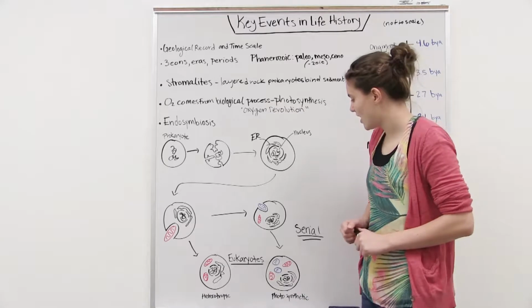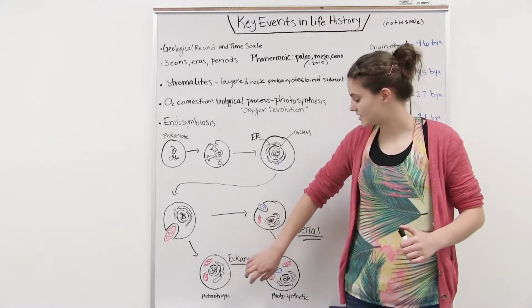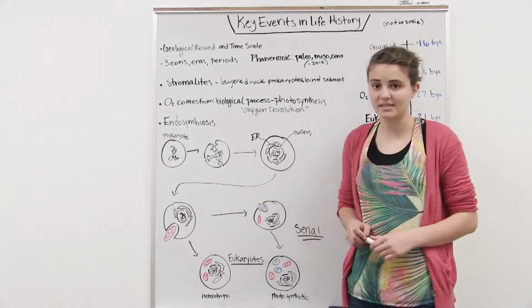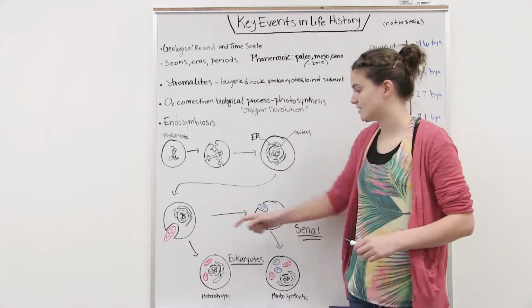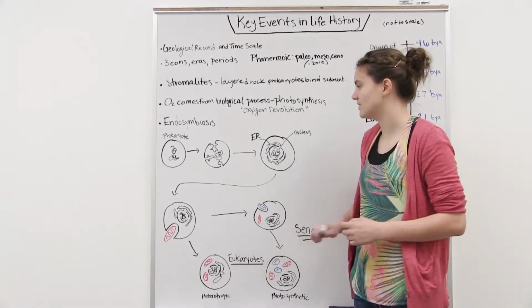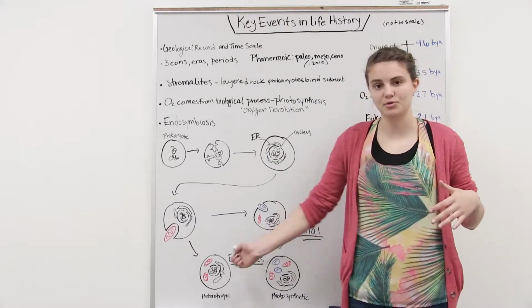And so because all eukaryotic cells have mitochondria, but not all of them have plastids, it's believed that the mitochondria was engulfed first, which is called serial endosymbiosis, just that mitochondria were absorbed first.